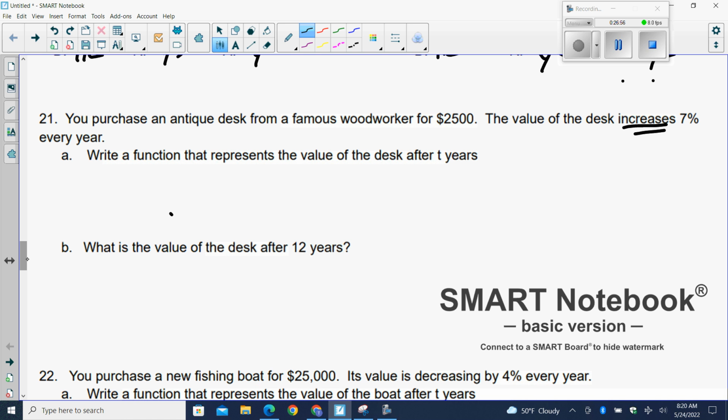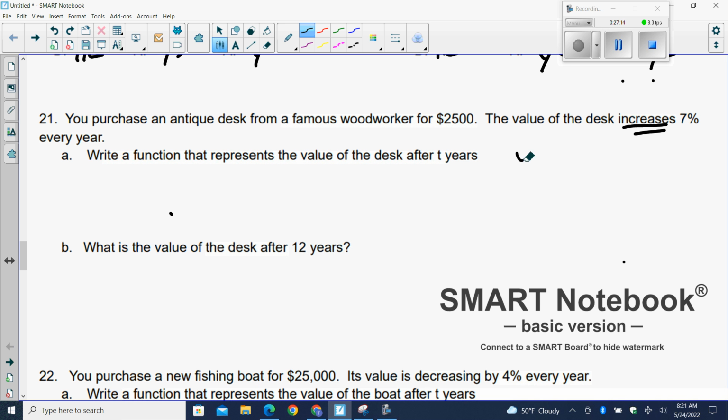First question. Let's get rid of the ones that we know for sure it's not. Is it half-life? Nope. Nowhere in there does it talk about half-life. Is it compound interest? Nope. Nowhere in there does it talk about compound interest. This is a basic exponential growth equation, because it's increasing.